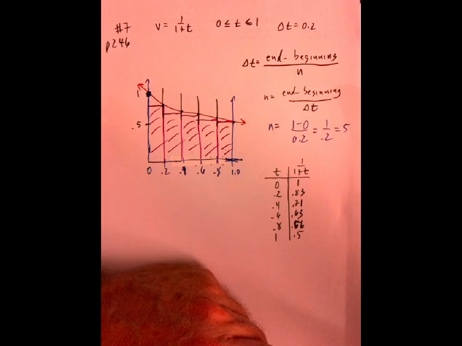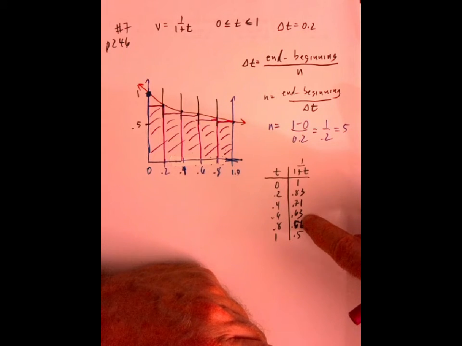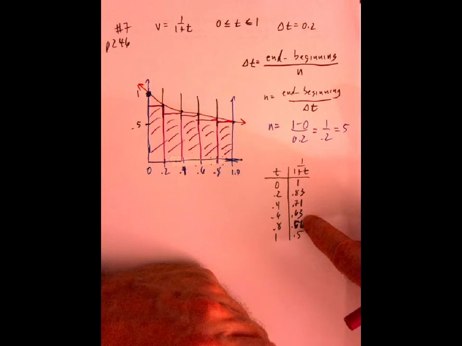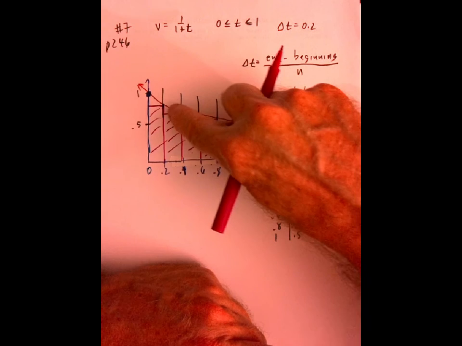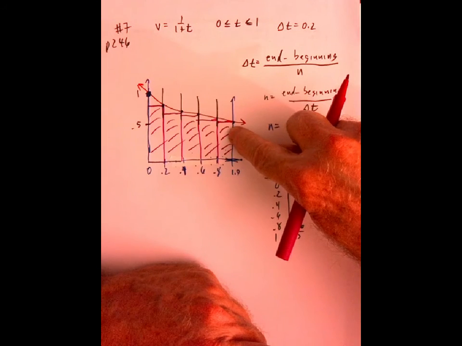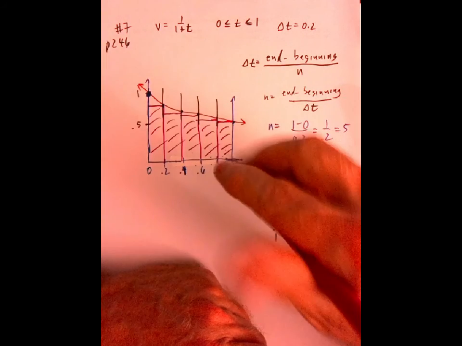And then we use these values here. That's why I wasn't worried about graphing them exactly on the graph, because they give us what the values are supposed to be. So since we're doing the right-hand sum here, the right-hand sum is going to give us the underestimate for this decreasing function.